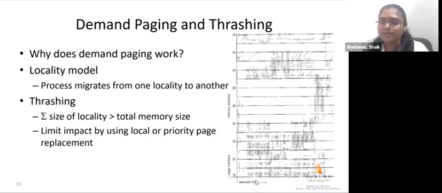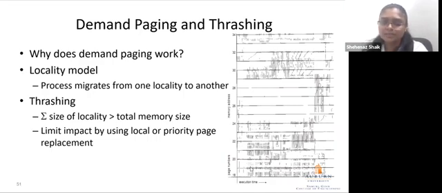And for whatever reason, if we allocate a lesser number of frames, then as the process executes during this period of time, there may be a situation where a page is swapped out to accommodate another page. And immediately in the near future, the swapped out page is referenced again, and that would again result in a page fault.